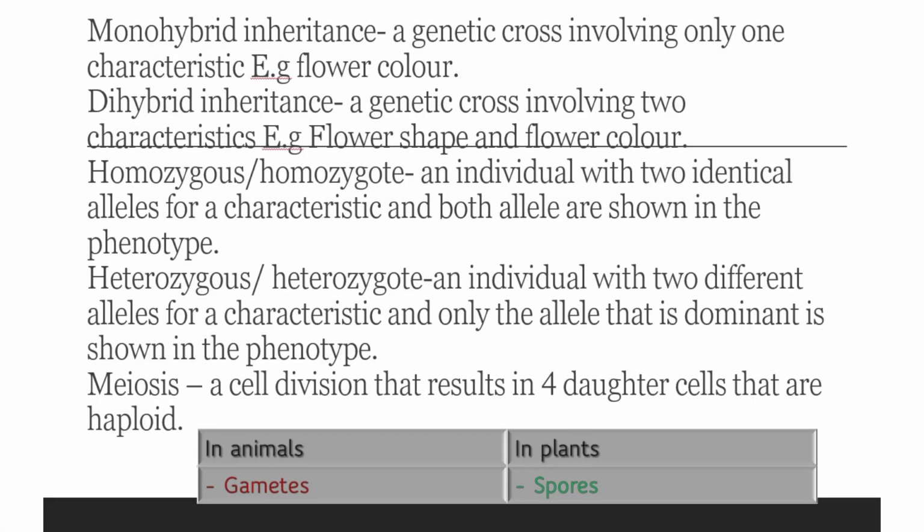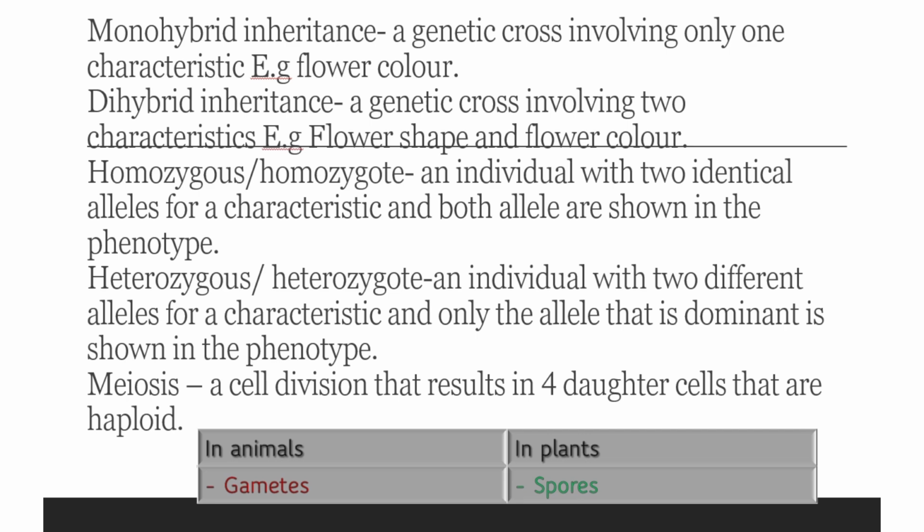Monohybrid inheritance is a genetic cross involving only one characteristic, e.g., flower color. Dihybrid inheritance is a genetic cross involving two characteristics, e.g., flower shape and flower color. Homozygous, or homozygote, is an individual with two identical alleles for a characteristic, and both alleles are shown in the phenotype.